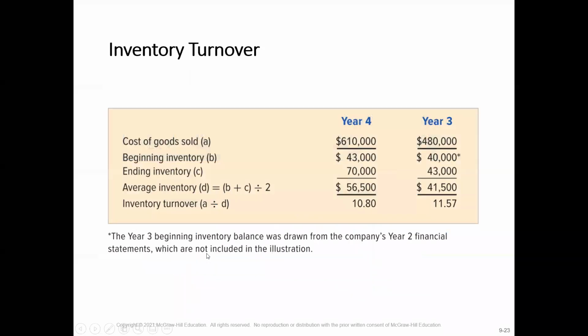So putting some numbers to, first of all, the inventory turnover ratio. Again, it's cost of goods sold divided by average ending inventory, or average inventory.